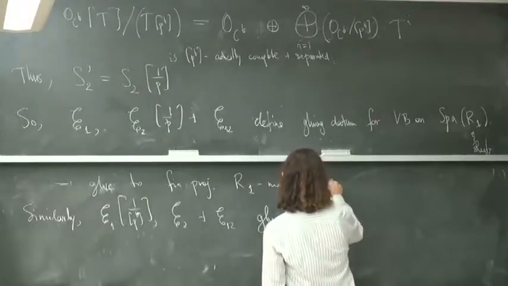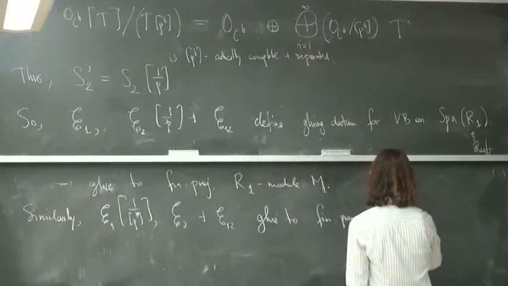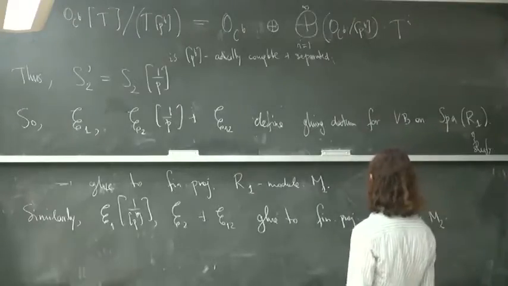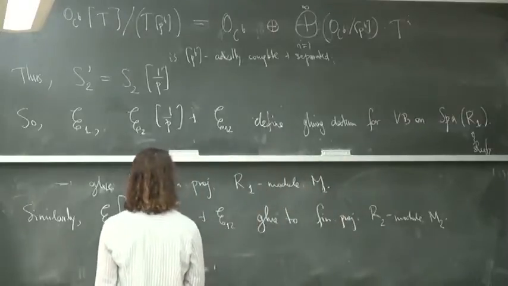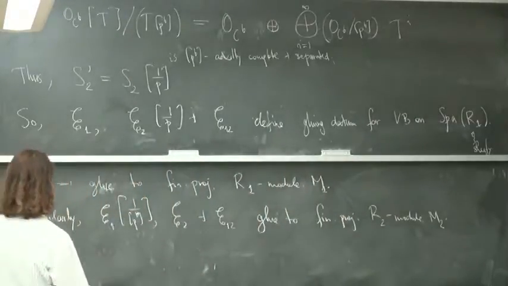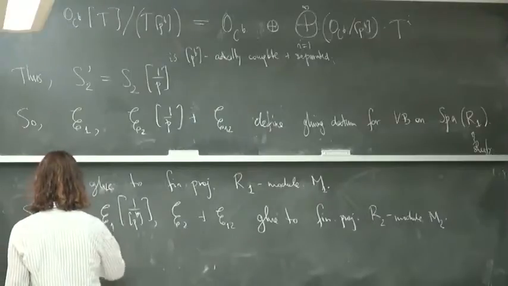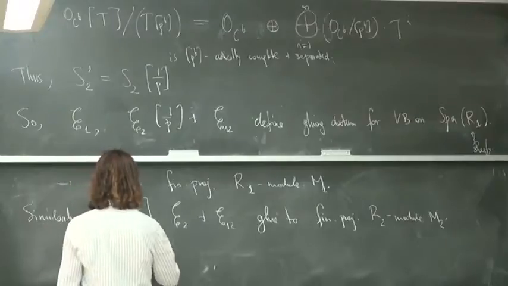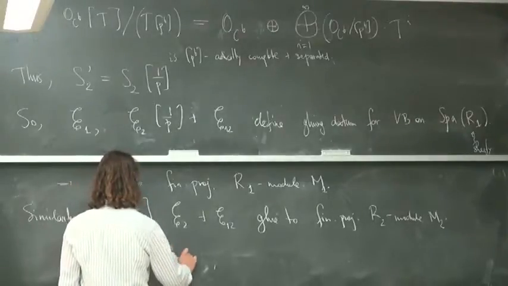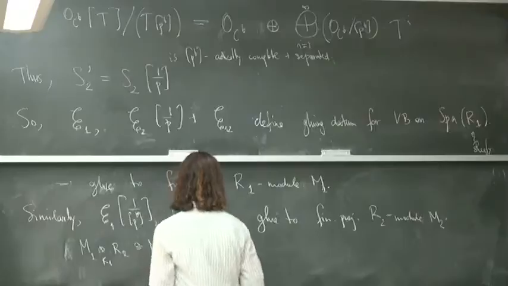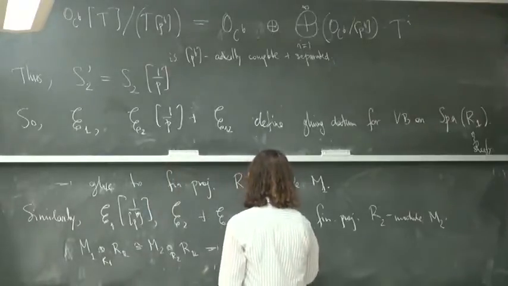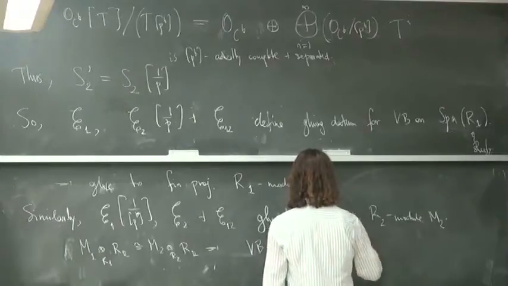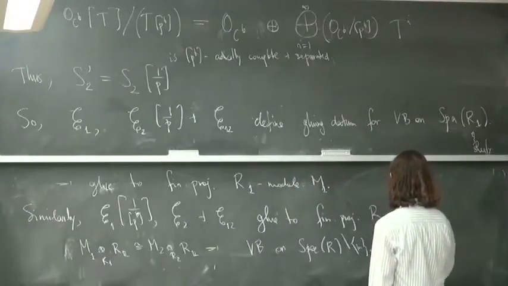Let's call this M1 here, M2, and well, similarly, you can also get an M1 too. And so we get a vector bundle now on the punctured algebraic spectrum. And so we conclude by the lemma.